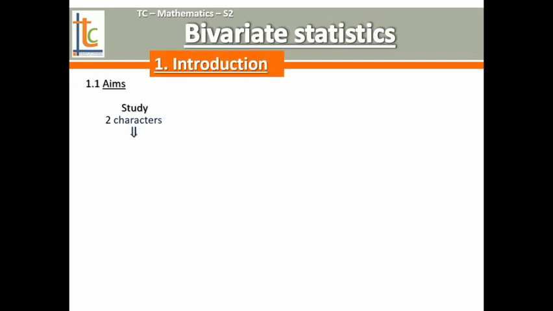We're talking about a study that consists of two characters. That is to say, two questions were asked to each individual of the study, and that led to two answers, of course, so a pair of answers.